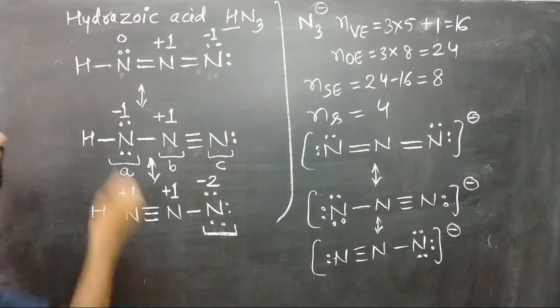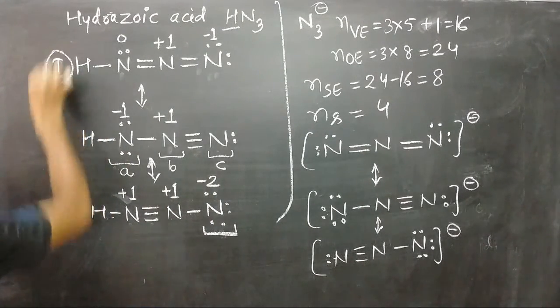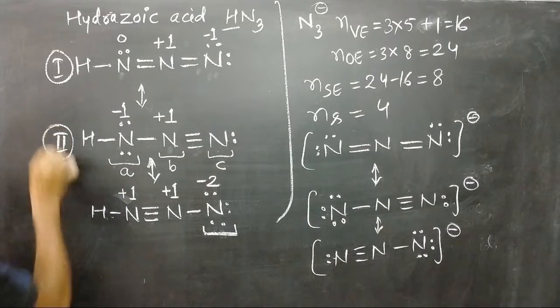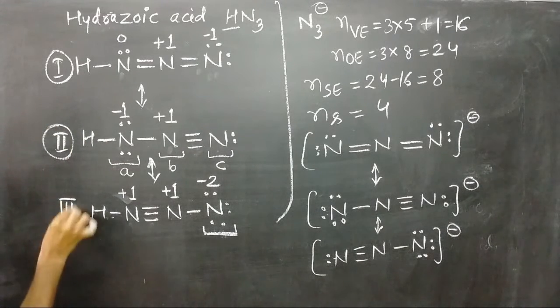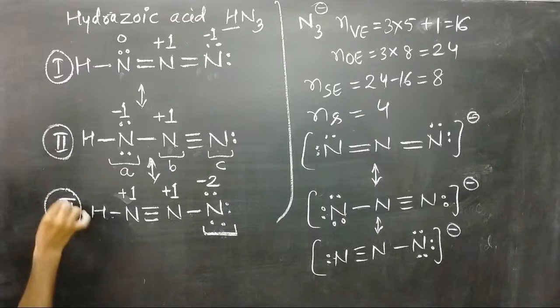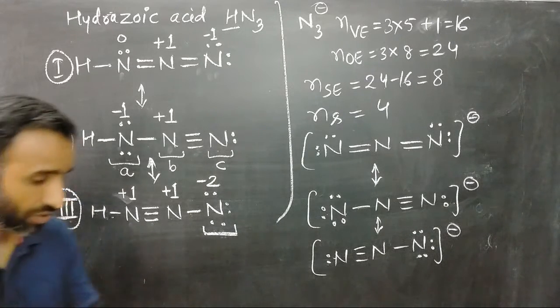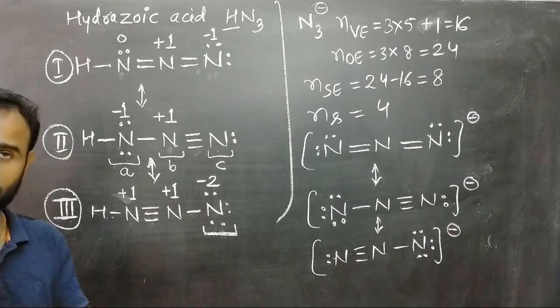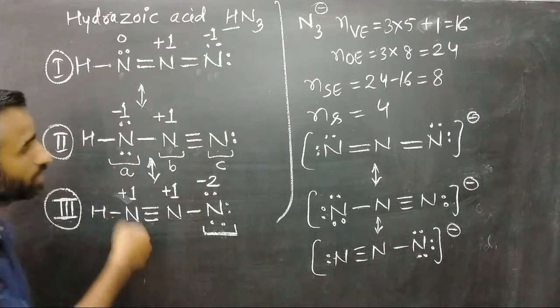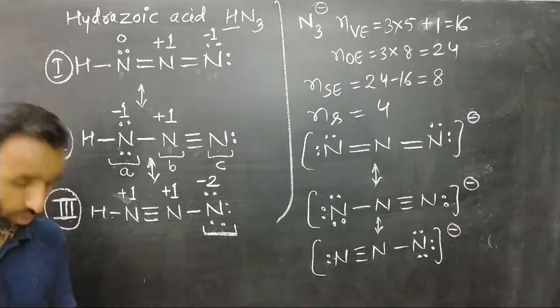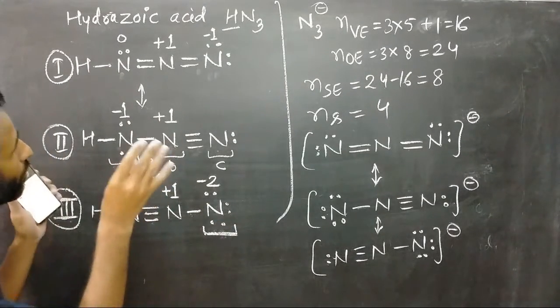So tell me, out of these 3 structures, which one is most unstable? Which one is least favorable? Which structure is least probable?